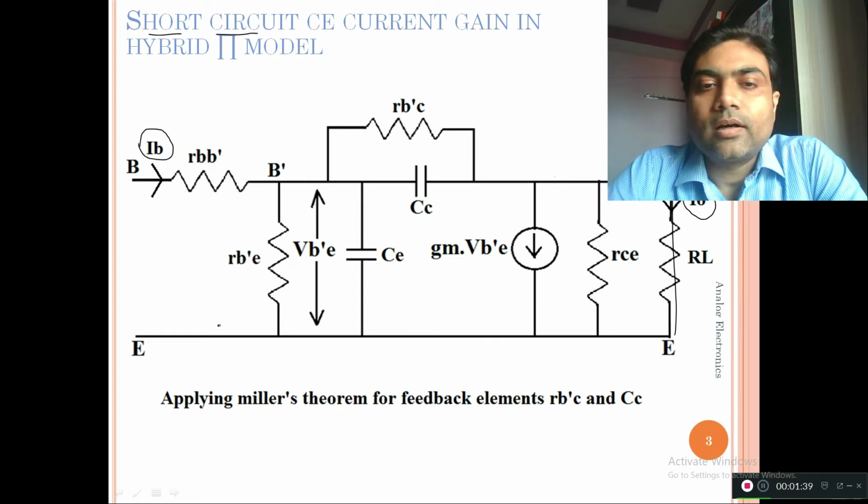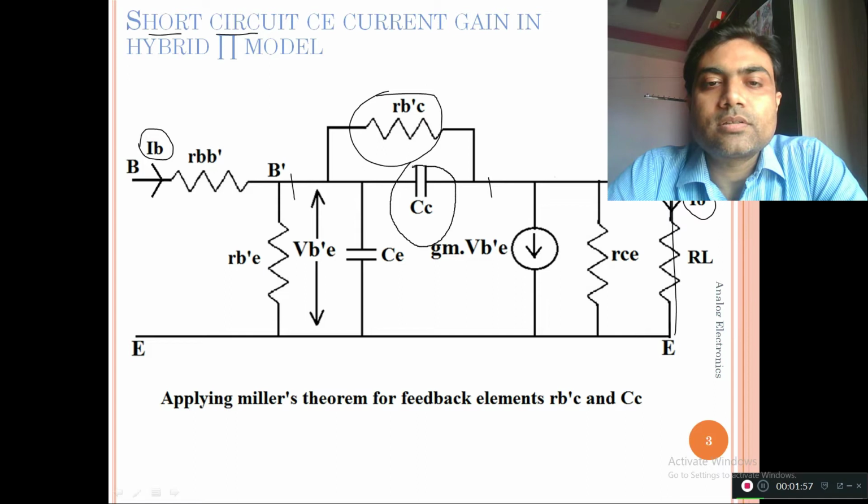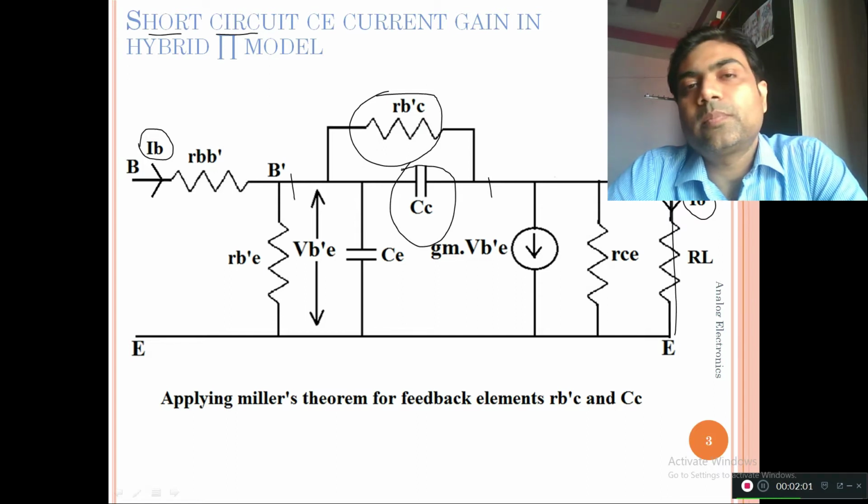Then what components are required for Miller's theorem? The feedback components. What are the feedback components? This is the Rb'c, which connects the collector terminal to the base terminal, and similarly there is CC, the capacitance which represents the transition capacitance.